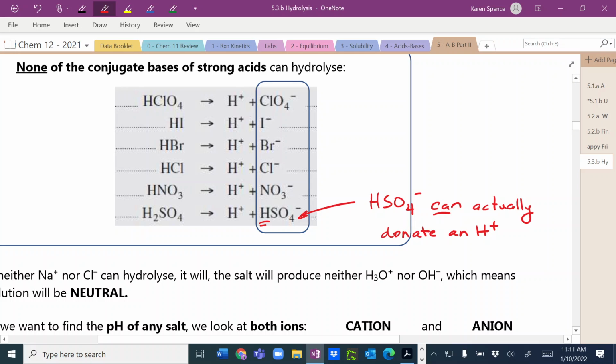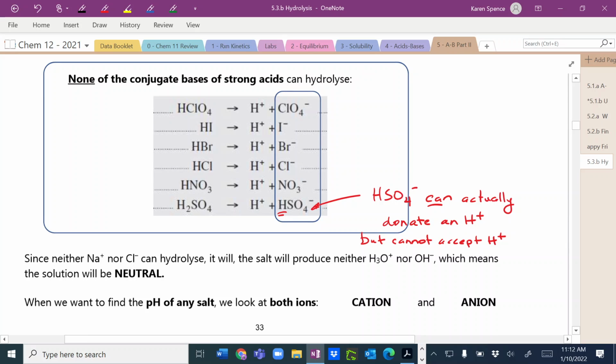So they would not be able to donate a hydrogen. But none of them can accept a hydrogen, and HSO4- follows that rule. And it makes me angry because otherwise this would be so easy to teach, but there's an exception, and then there's an exception to the exception, and that's never fun.